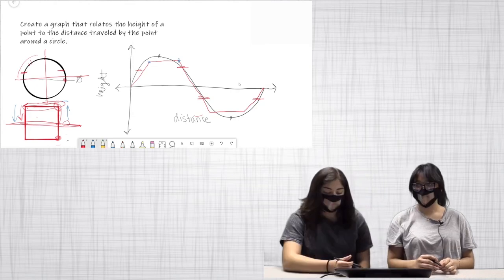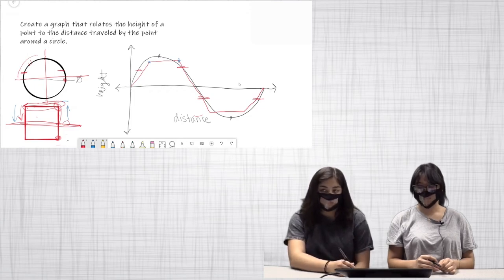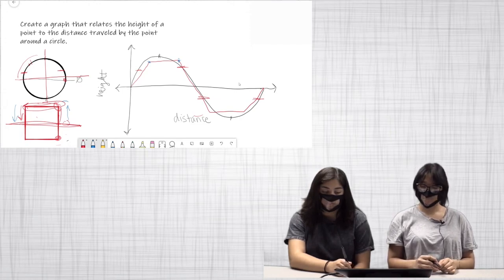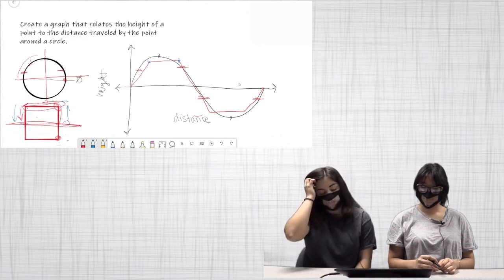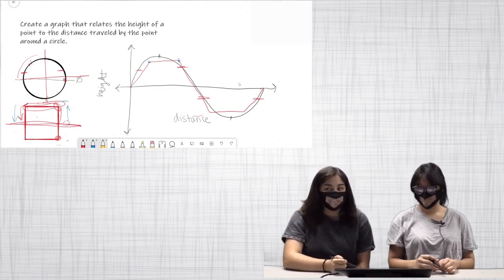So we've said that at these segments, the point's height is changing in some way, right? What does that mean for the point's height as it's traveling around the circle? I think we said this, but there's no segment on the circle where the height is not changing.